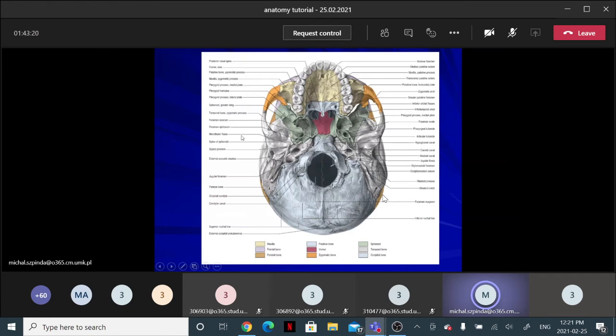So, which parts of the sphenoid bone are visible on its norma basalis? Two out of five surfaces of the greater wing and two pterygoid processes.